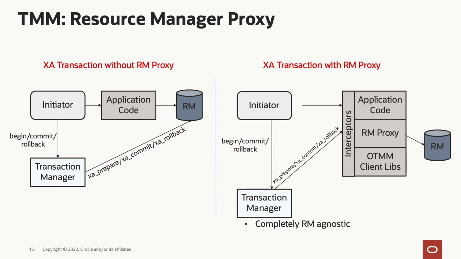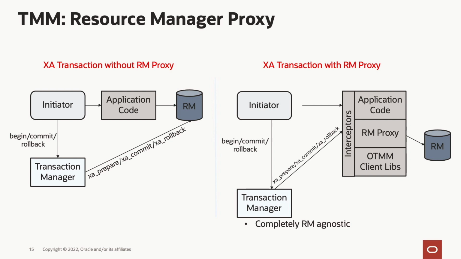In this case, the application itself provides a proxy to access the resource manager. So the initiator simply calls the application code. When we go down to perform things like commit and rollback, those transaction management functions, the application code, with use of our interceptors, enlists with the transaction.